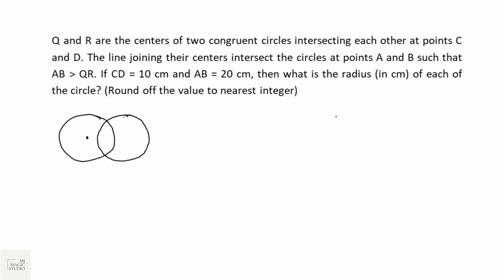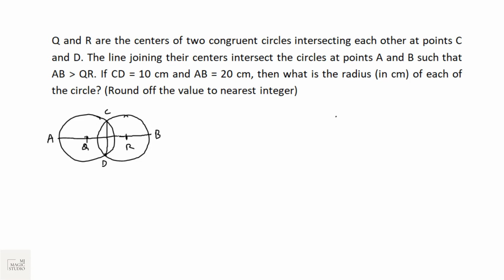One more, center R. The line joining the centers touches the circles at points A and B, given that AB is greater than QR. They cut each other at C and D. CD is equal to 10. Now what is the radius?